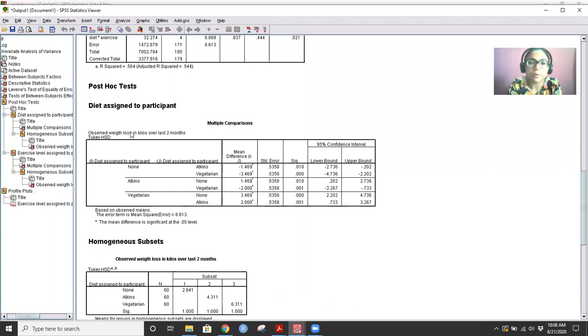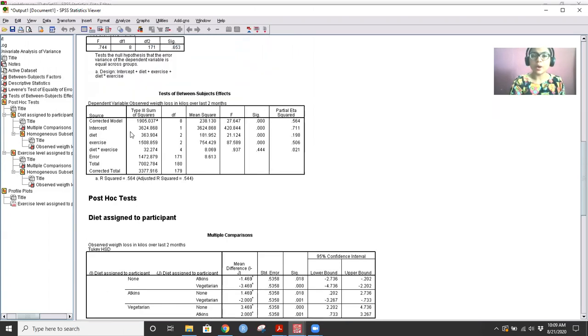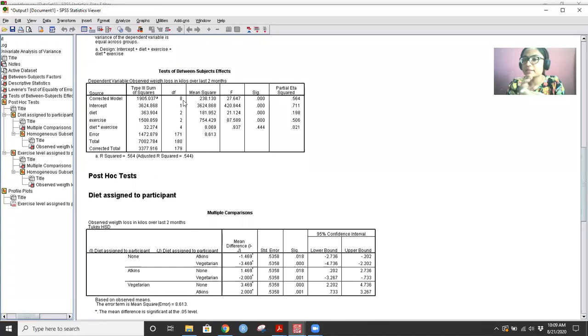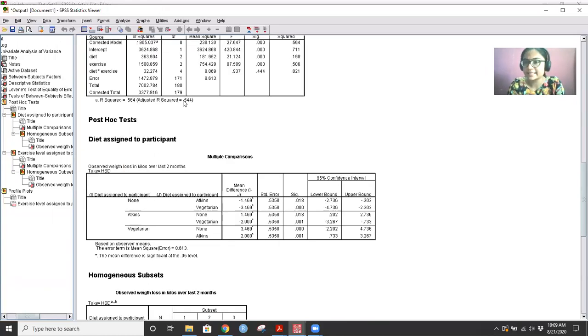Fine. So what are post hoc tests? I told you this in ANOVA also. Post hoc means after that. That means once in your ANOVA you have proven that there indeed is a difference across all the groups, what you can do using the post hoc test is check which two specific groups have different means.